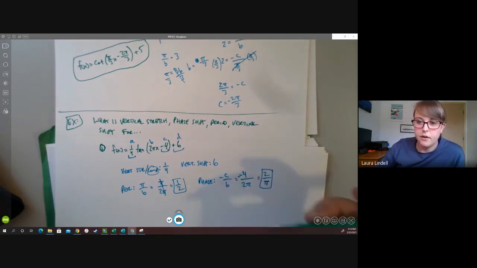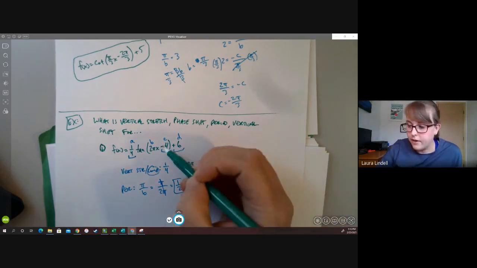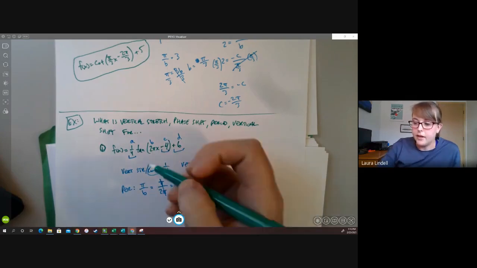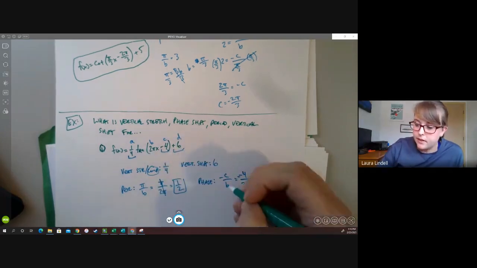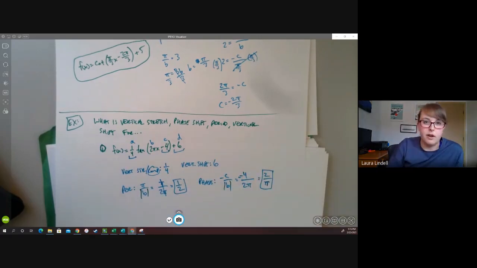Yeah, good catch though. We do want to be careful with that. If anything out here has a sign attached to it, you want to make sure you keep that with it, except for B, because technically it's over absolute value of B. So whatever you have, if you have a negative value for B, change that to a positive.